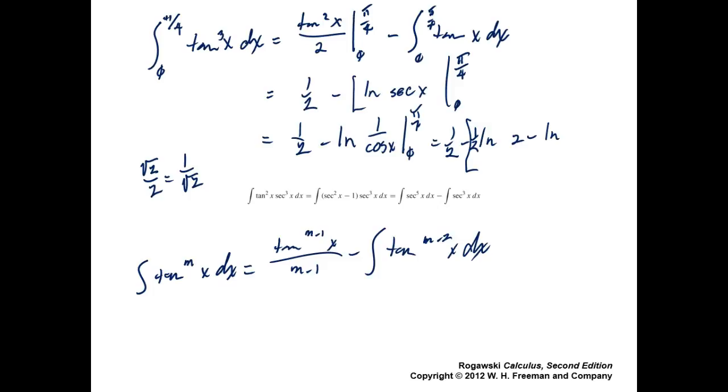One. And 1 over 1 is 1. And what's log of 1? 0. Log of 1, which is 0. So that's the end of it right there. So your answer then is 1/2 minus 1/2 log 2.